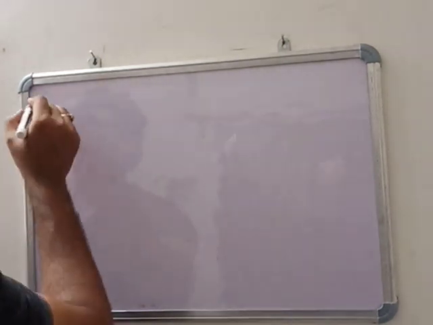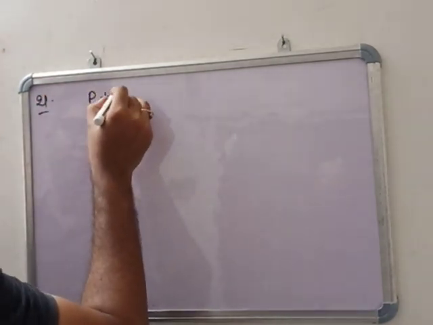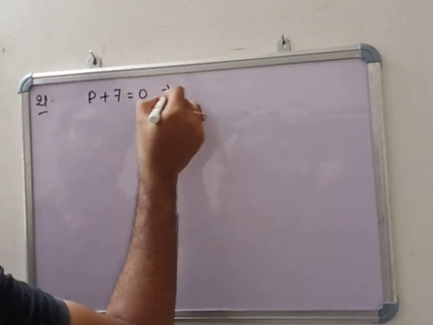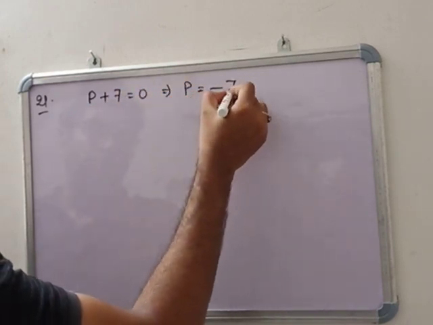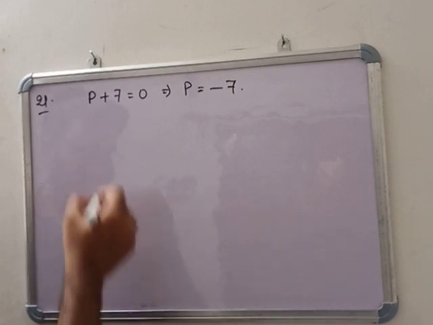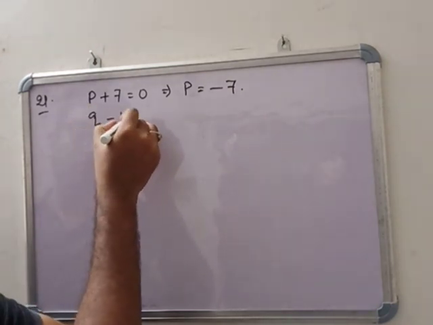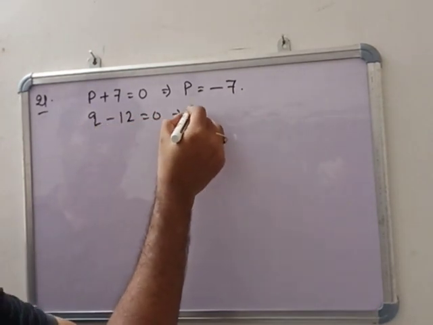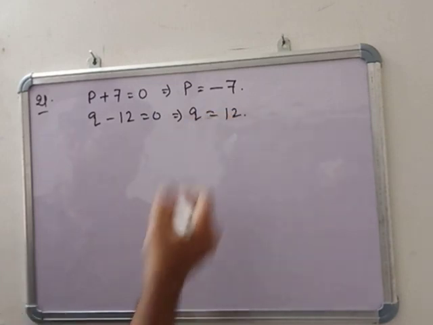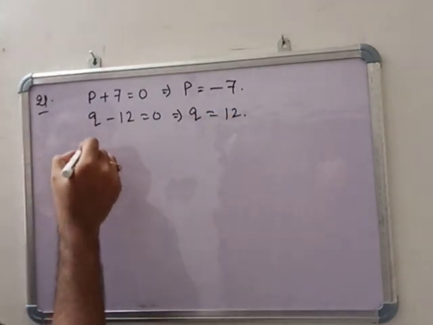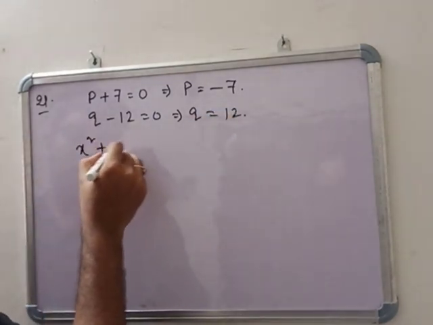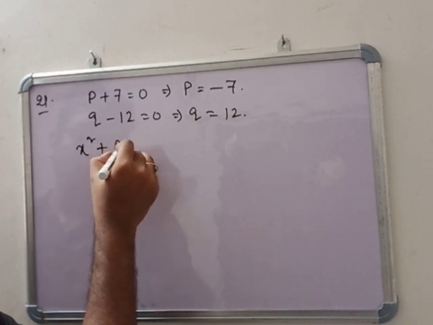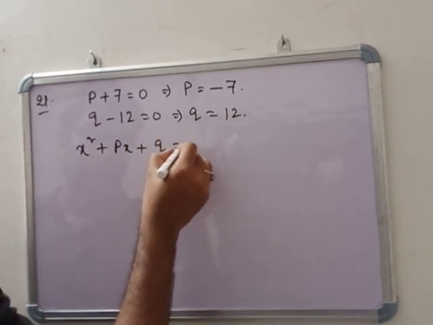In next number 21, see that, find the value of x if p plus 7 equals 0. That means p equals minus 7, and q minus 12 equals 0 implies q equals 12. Okay, so now the given is x square plus px plus q equals 0.